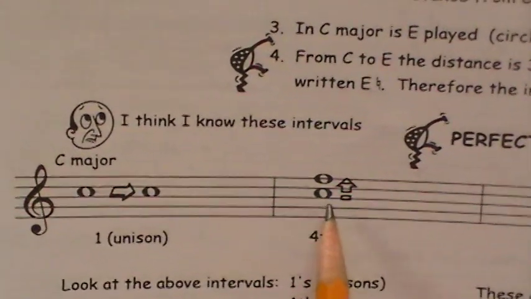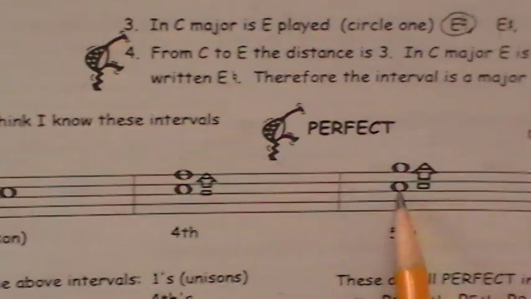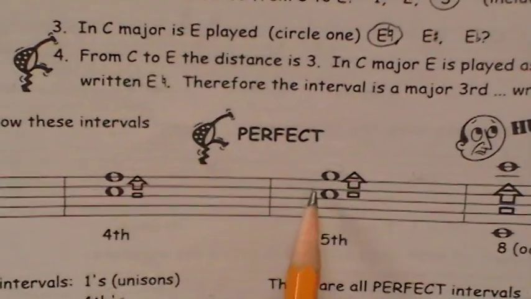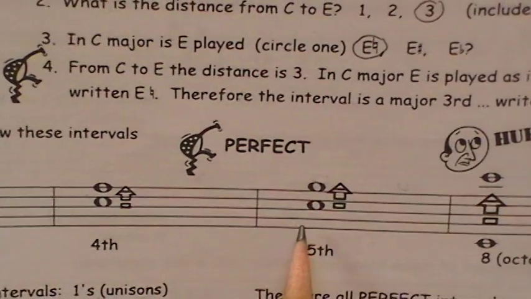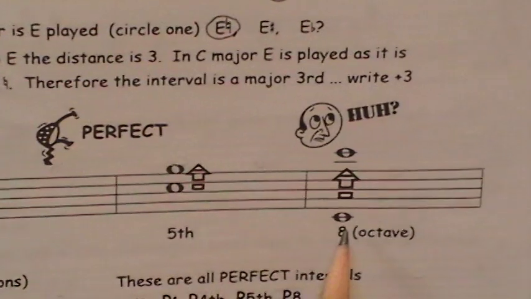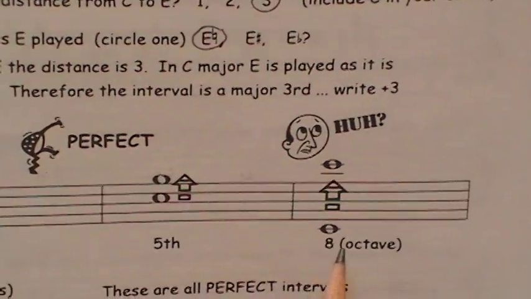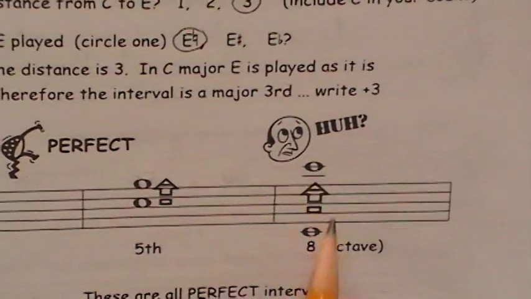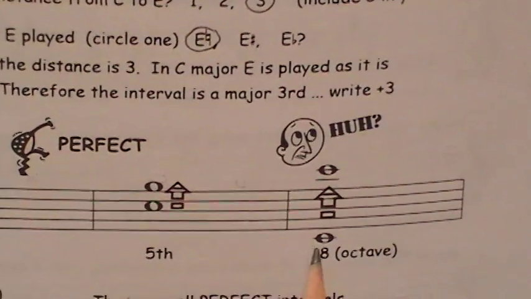That's a perfect fourth. Here's a perfect fifth, 1, 2, 3, 4, 5. And our last perfect is a perfect octave, from C to C, so 8 notes apart.